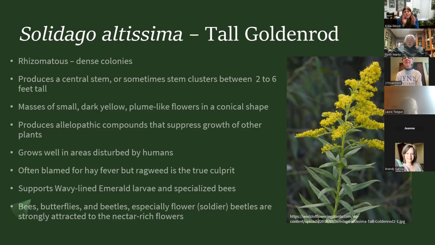With that in mind, we have many different species of goldenrod. This, for example, is tall goldenrod, Solidago altissima. This is a very common goldenrod, very similar to our Canadian goldenrod as well. It's a very tall, upright species that will form very dense colonies.